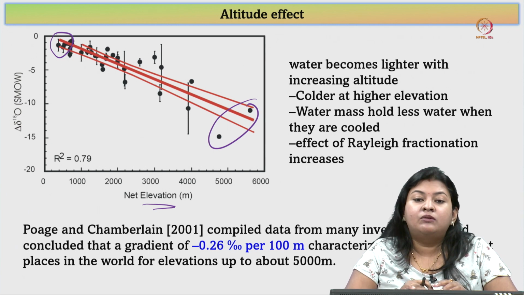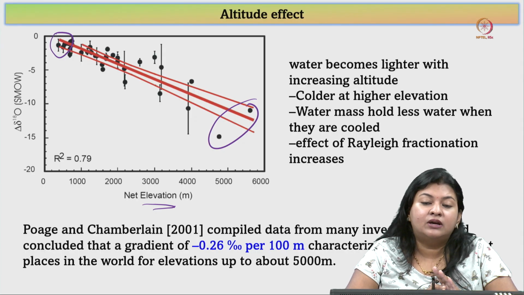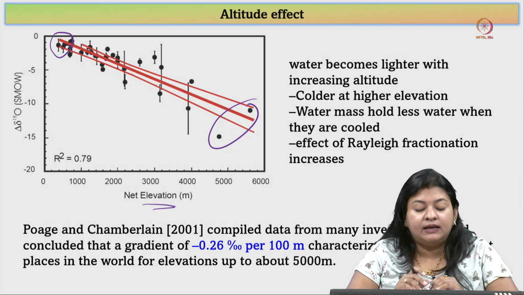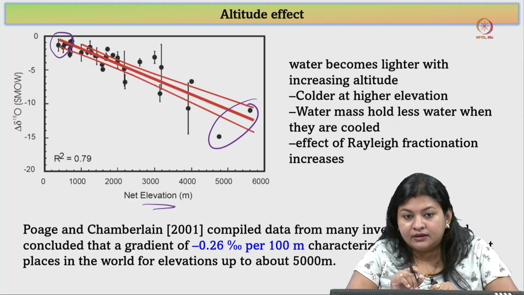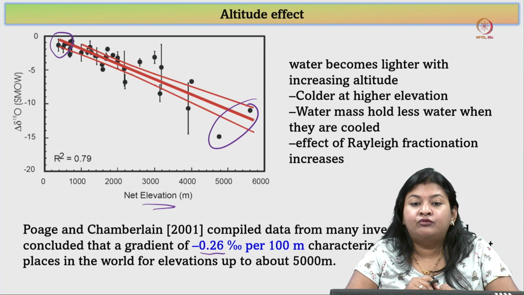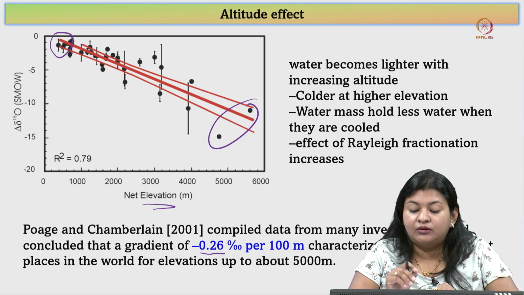Now, from thousands of data sets, this paper by Poage and Chamberlain in 2001 compiled them, and they concluded that there is a gradient of 0.26 per mil per 100 meters of increase.